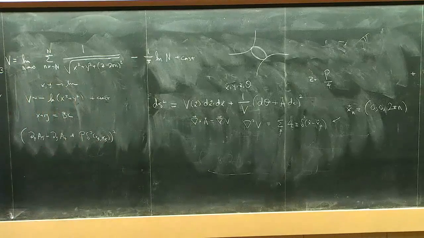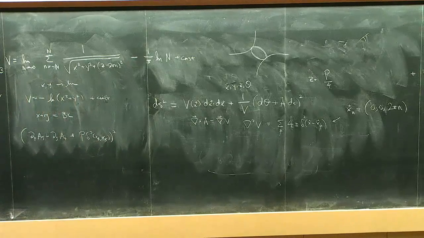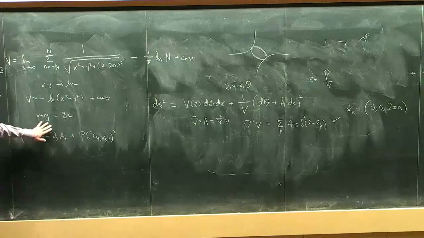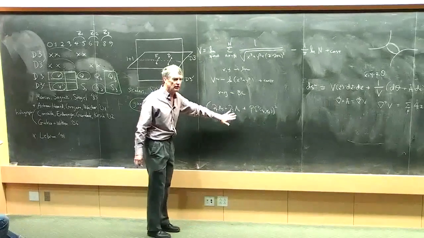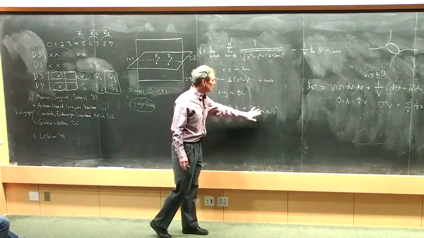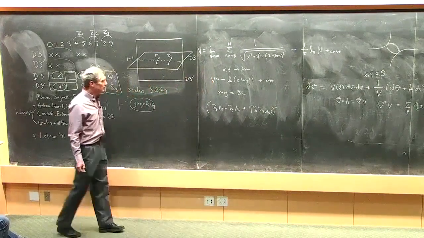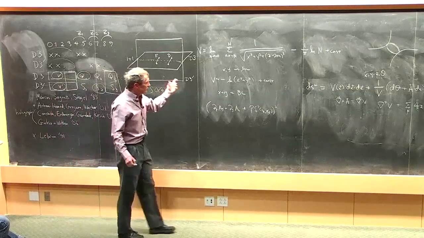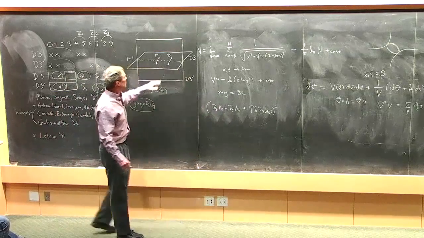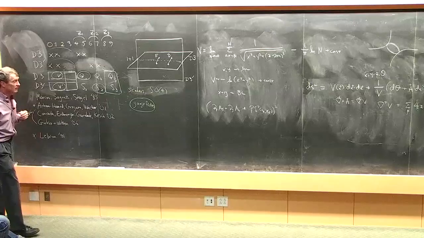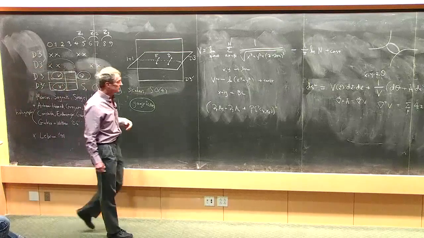And if you square this out, it looks like you got a delta of 0, but that's fine. It simply means that this has to have an offsetting delta of 0, so that there's no problem. But that means that the various D3-brane fields have to have logarithmic singularities at the intersection.